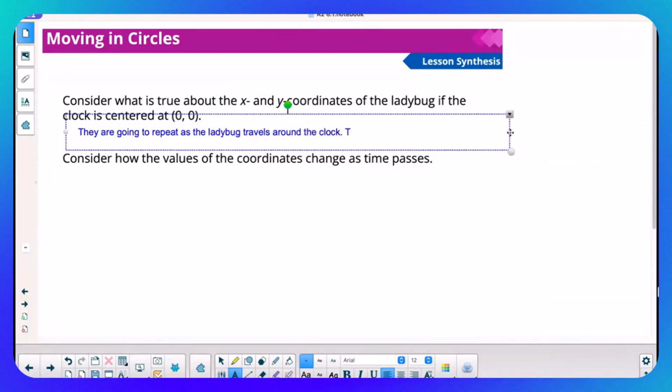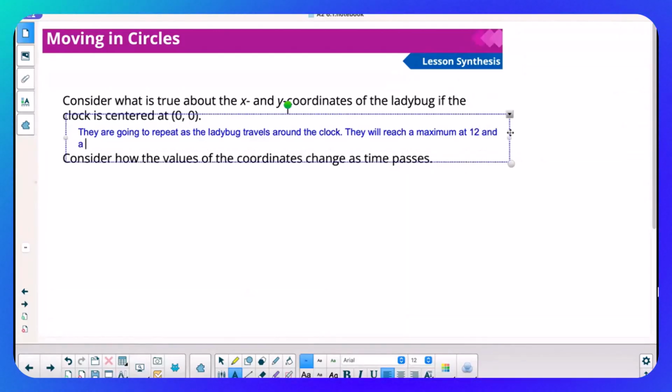What else? They will reach a maximum at 12 and a minimum at 6 on the clock.